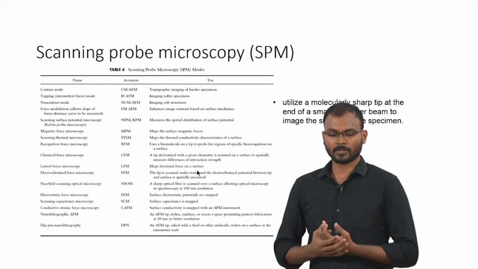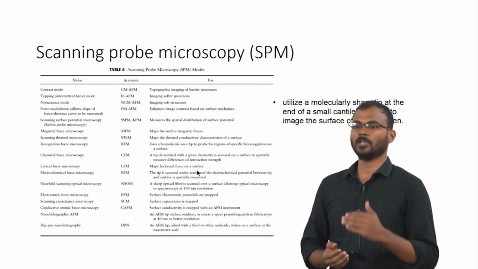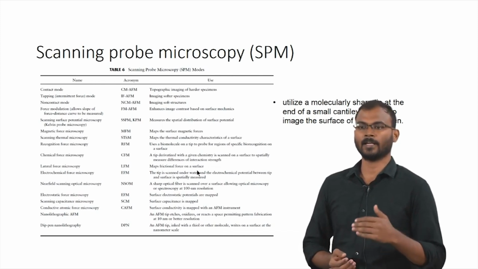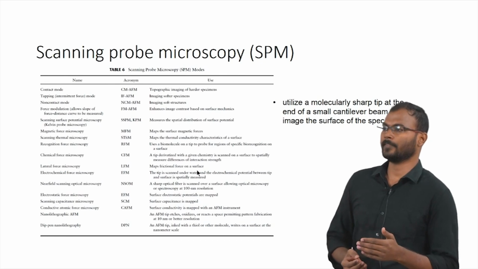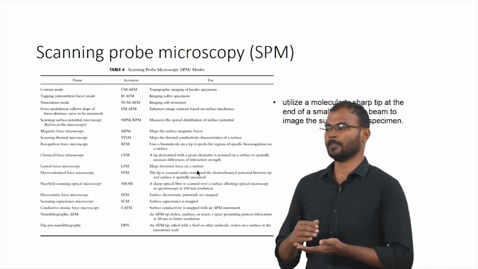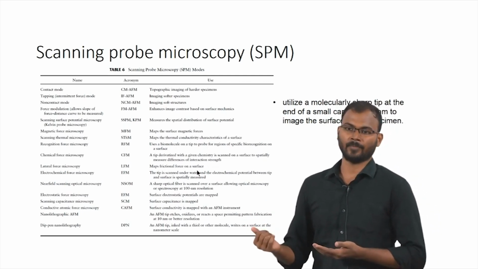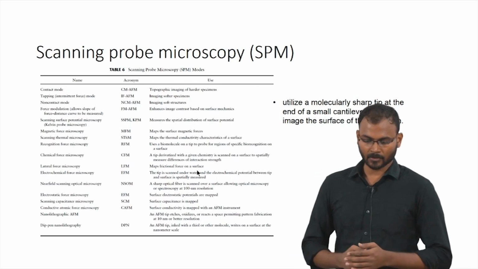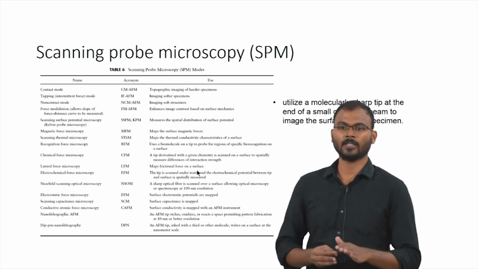Then coming to scanning probe microscopy. Until now we have looked at techniques based on a light source and then an electron source. In scanning probe microscopy, you have a probe that gets feedback from the surface, which is input into a detector that forms the images. Scanning probe microscopy has many different techniques based on the application.